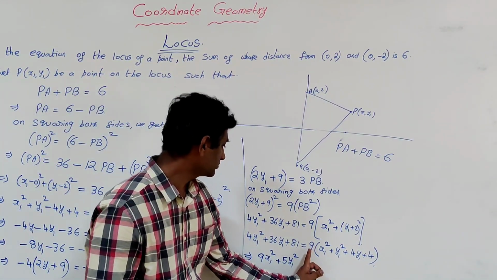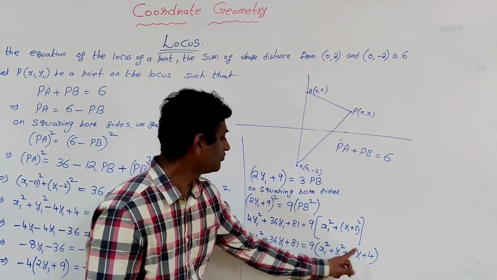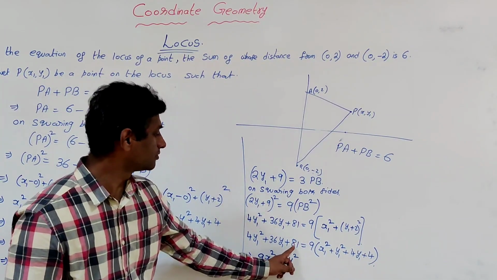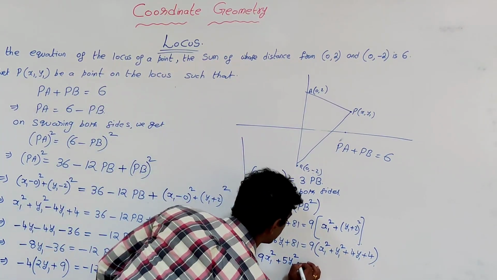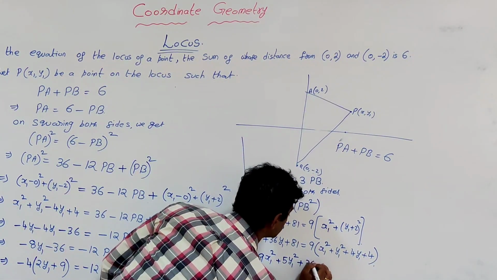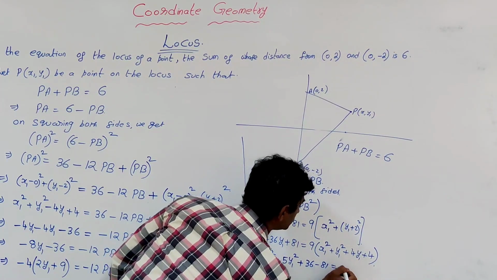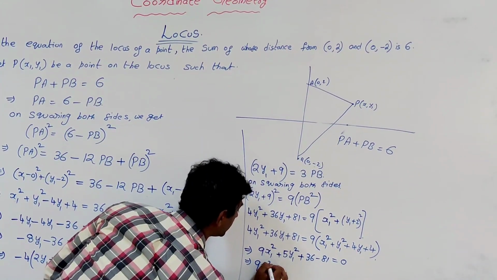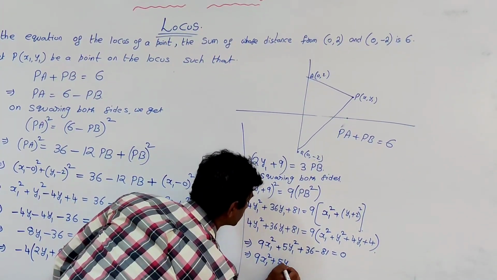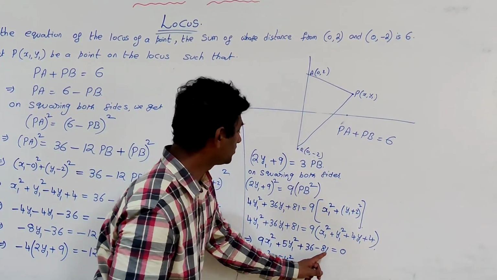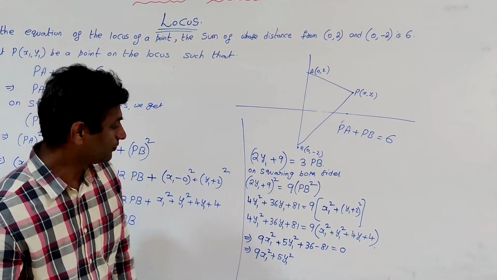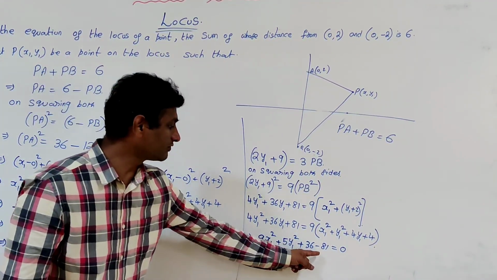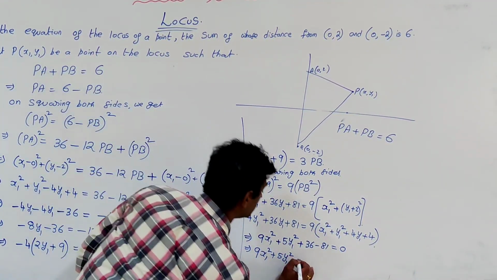And 9 times 4 is 36, minus 81, that is minus 45, and if we take it to the right hand side, it will be 45. So 9x1 square plus 5y1 square is equal to 45.